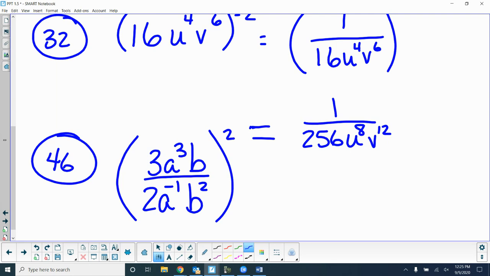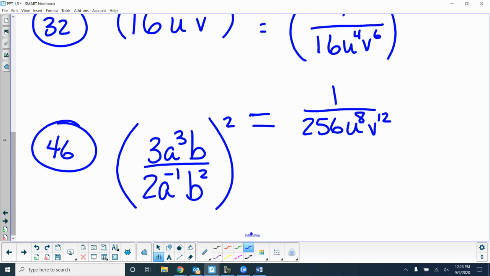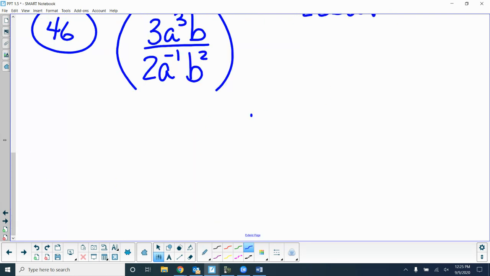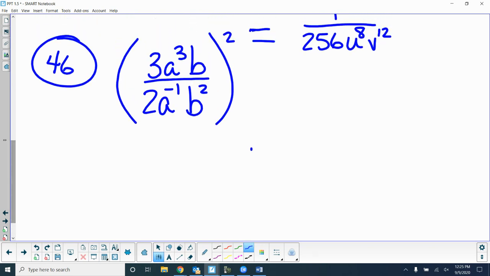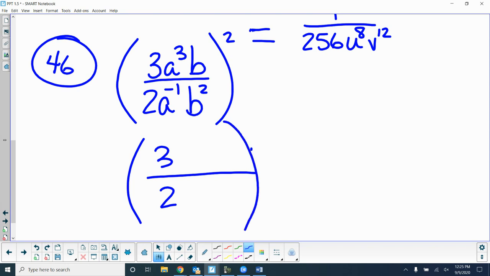All right, so this one, I would simplify that fraction as much as I possibly could first. So, the 3 and the 2 won't change. Nothing goes into both of those. But, where's the bigger exponent for the a's? Top. And then subtract. 3 minus negative 1 is like 3 plus 1.